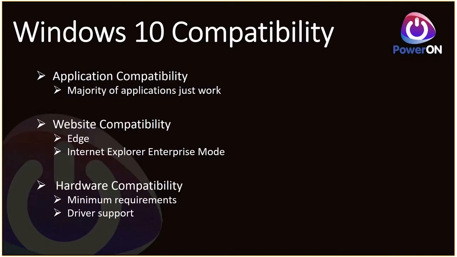Now, app compatibility was a big deal in operating system upgrade projects for Windows 7 and 8. This was a major reason why projects would get delayed, and there was a lot of pre-planning involved. App compatibility is actually a much better experience out of the box with Windows 10.